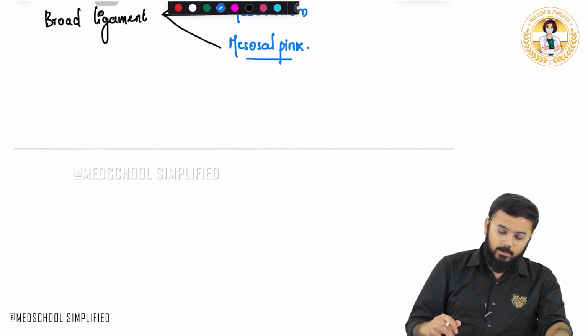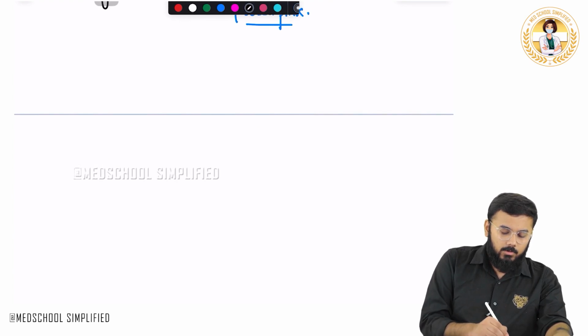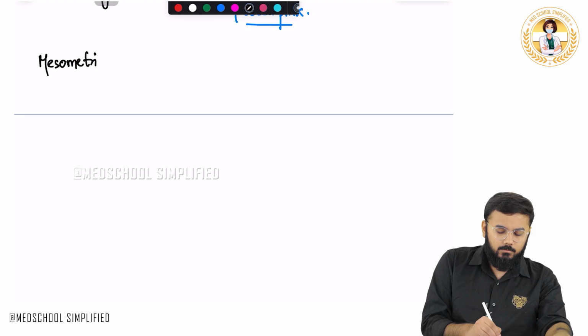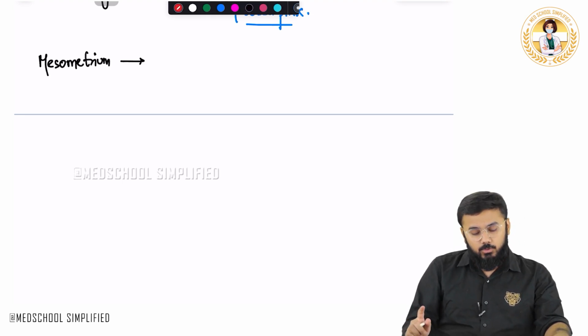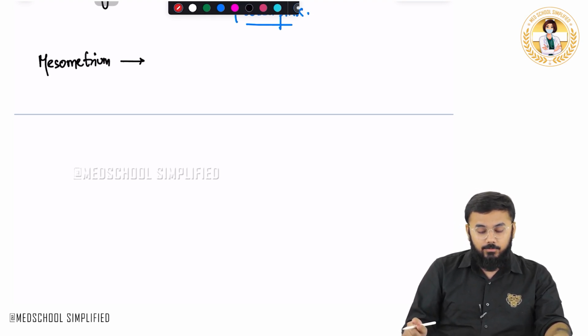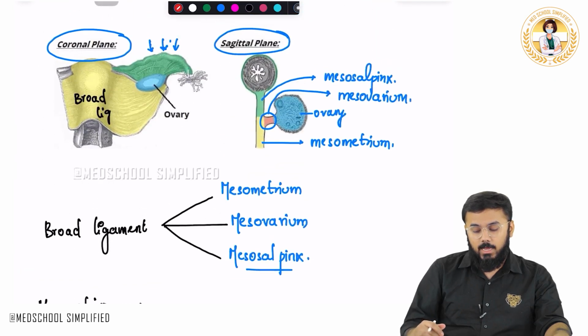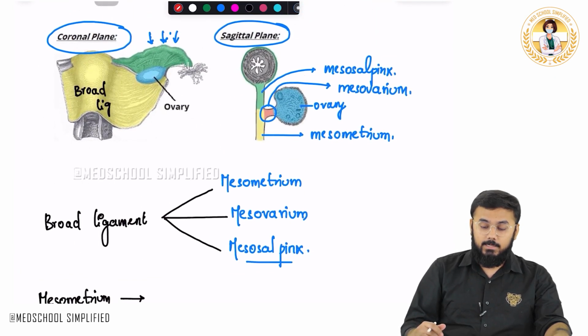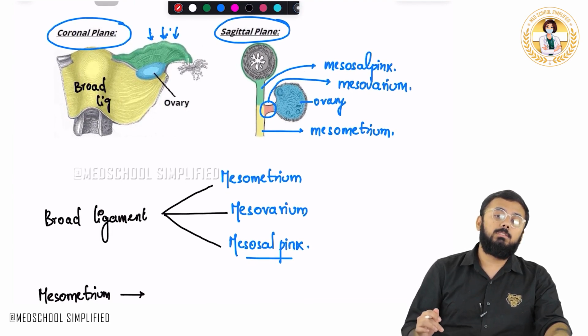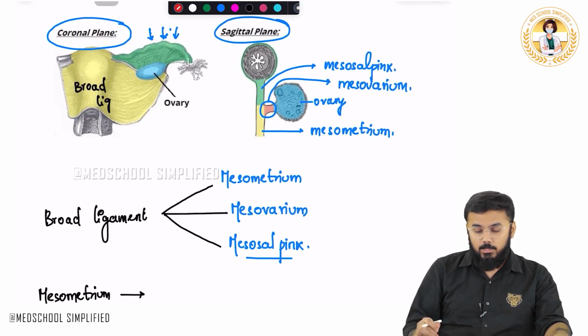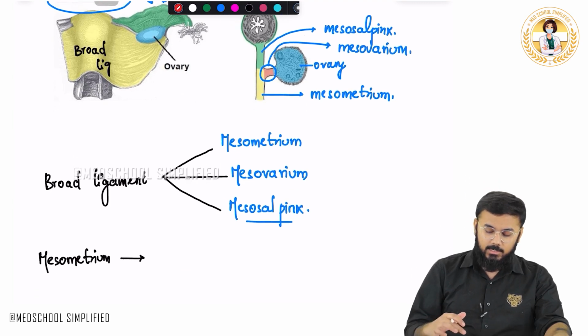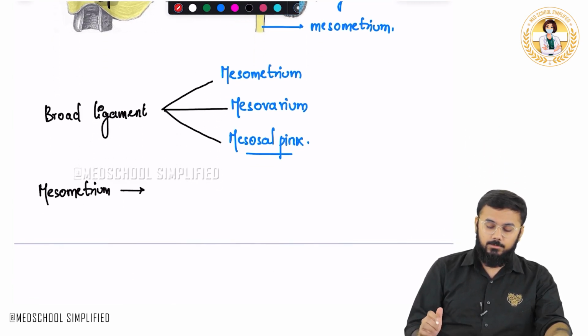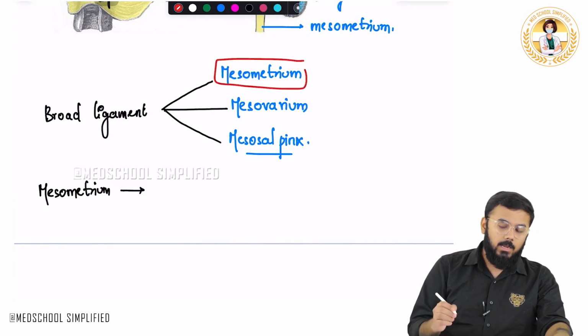Okay, now let us write down the things which we have discussed right now. What is the mesometrium? The mesometrium is the part of the broad ligament that surrounds the uterus. Out of all these three, which is the largest? The mesometrium is the largest subsection of the broad ligament. How many subsections are there? There are three subsections, and out of these three, the mesometrium is the largest one.